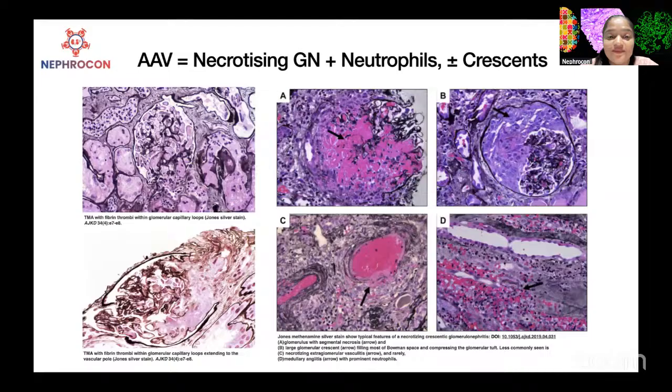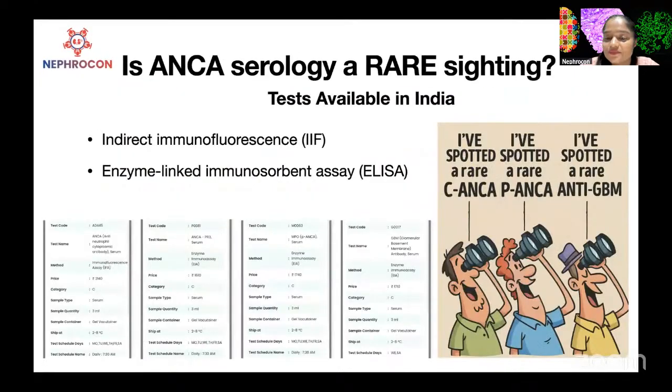Thank you for that. So coming to the part where the nephrologists are interested, prior to biopsy we start sending ANCA serology, the PR3 and MPO. We have two commercially available tests, indirect immunofluorescence and ELISA.